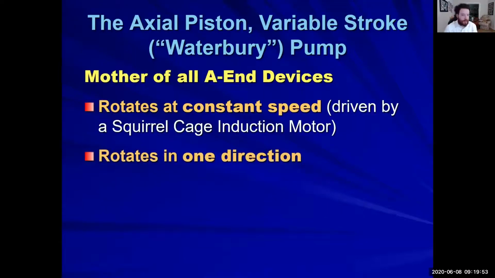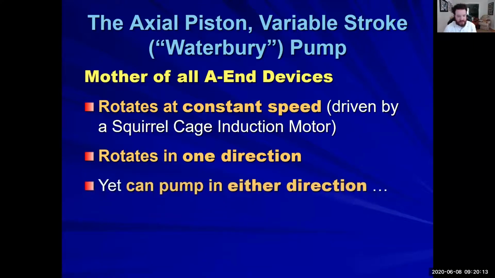So let's talk about the axial piston variable stroke Waterbury pump. It's the mother of all AN devices. It pretty much is everything you would want in an AN device for hydraulics. It rotates at a constant speed. It rotates in one direction. It can pump in either direction, not done by a shuttle valve, but just by, as we talked about, the tilt plate.